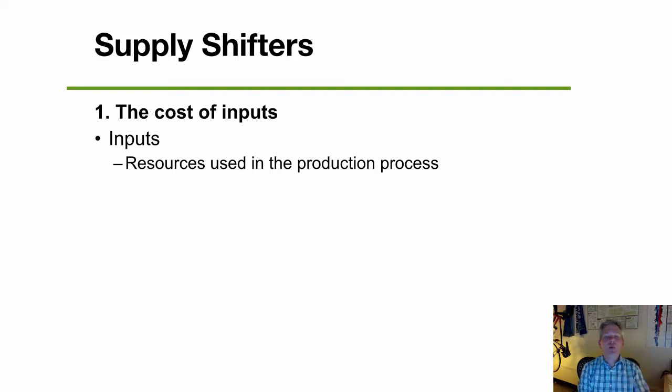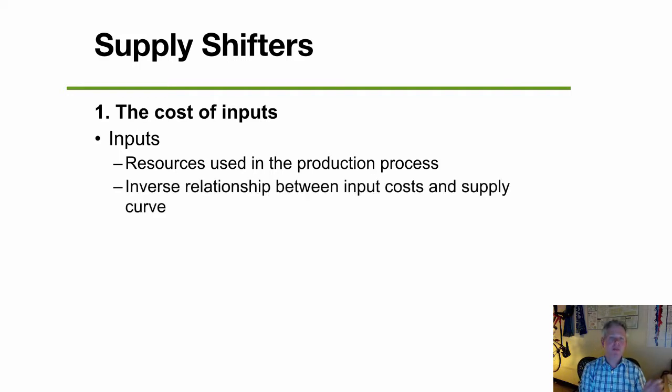All of those things are inputs into the production process. There's an inverse relationship between input cost and supply. As your input costs get more expensive, the supply curve will shift to the left. At all prices, you are willing and able to supply fewer cups of coffee, for example.